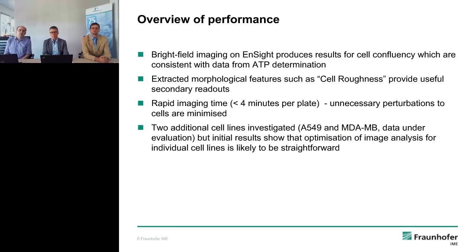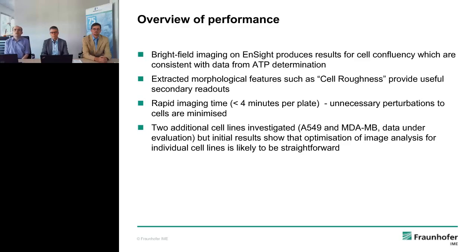So that's just a view of a small amount of the data that we've been generating here, and we're working intensively with the team to extend this to other cell lines. But certainly our initial view of this instrumentation, and the opportunity presented by the bright field illumination and the image analysis methodologies, is that we get a pretty good correlation between the cell confluency parameter and the potencies that we measure using ATP determination.